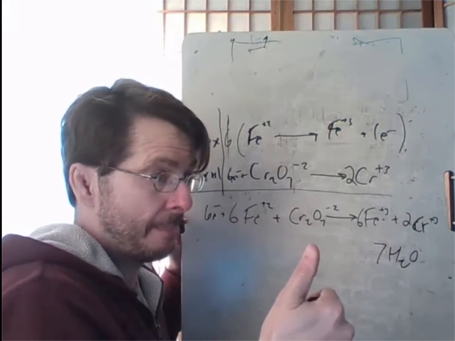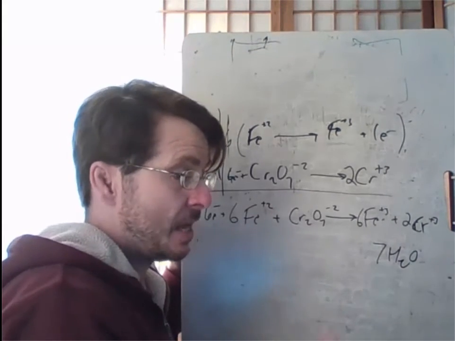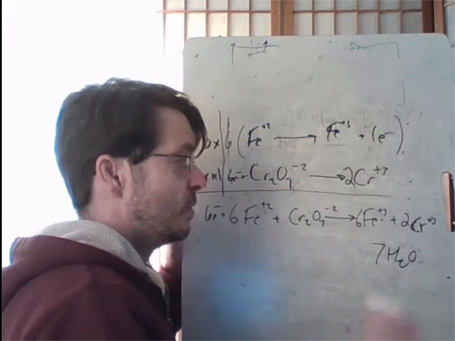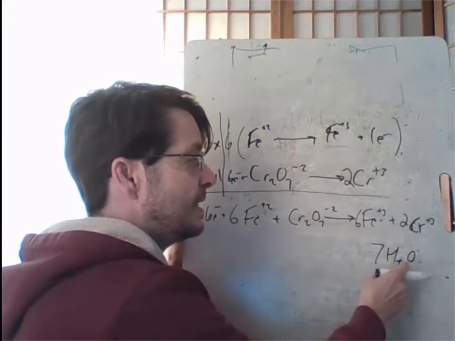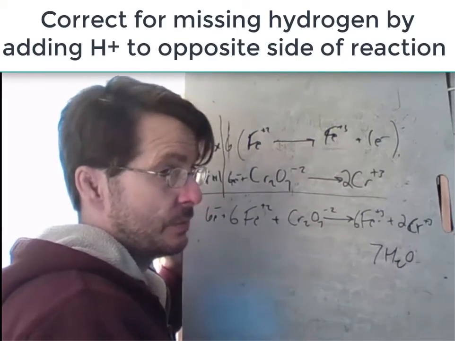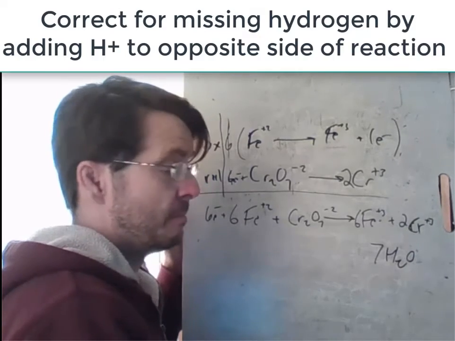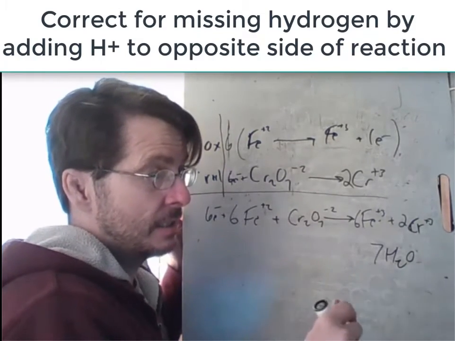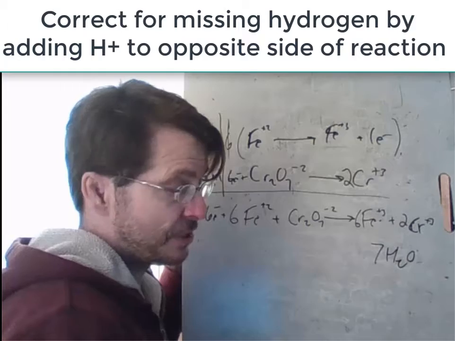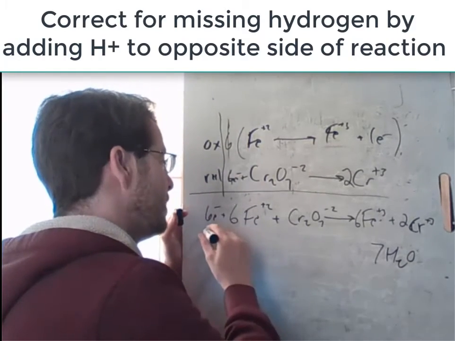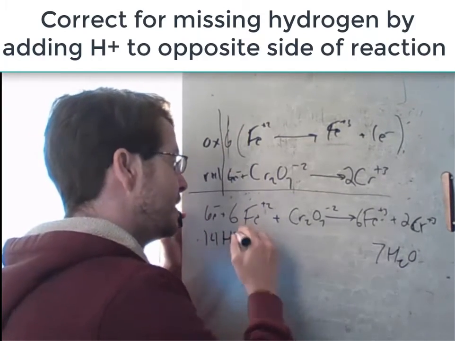That's awesome. So now we can take another step and say, okay, what's now wrong with all these extra H pluses? So now we can balance the H pluses by adding H plus to the side that's deficient. So in this case, there are 14 H pluses missing.